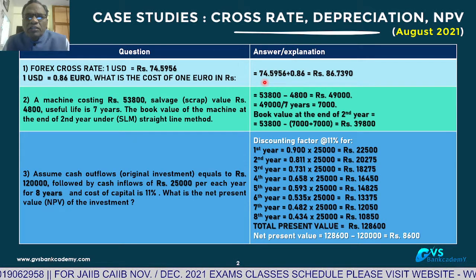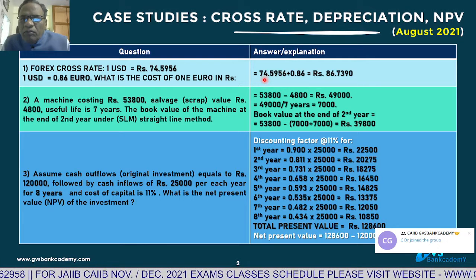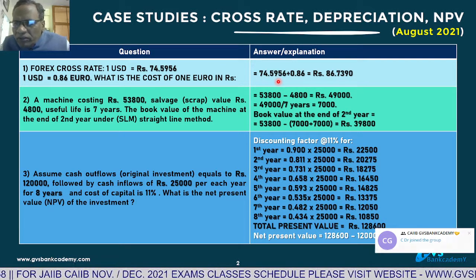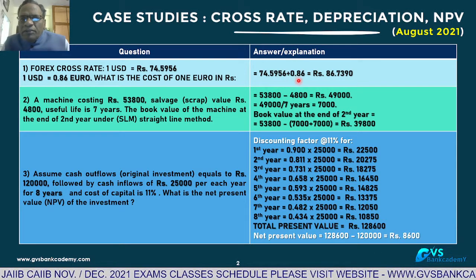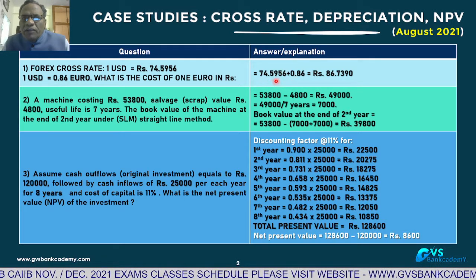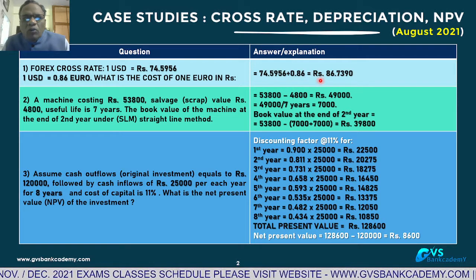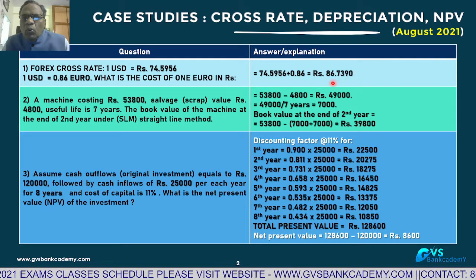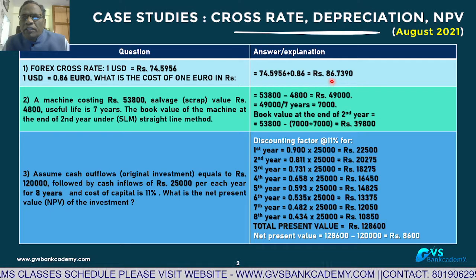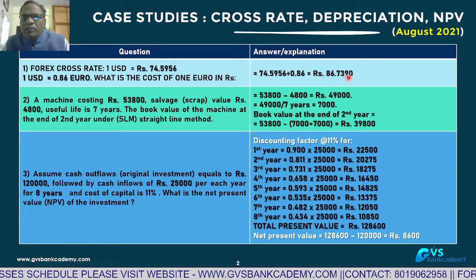So what is the cross rate? 74.5956 divided by 0.86. You get that for 1 euro you have to pay 86.7390, that is, at the rate of 86 rupees 73.90 paisa.